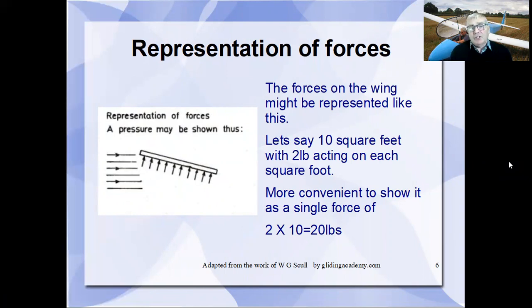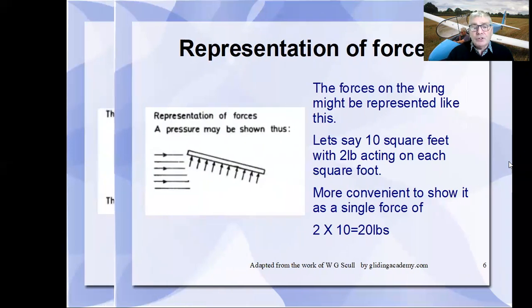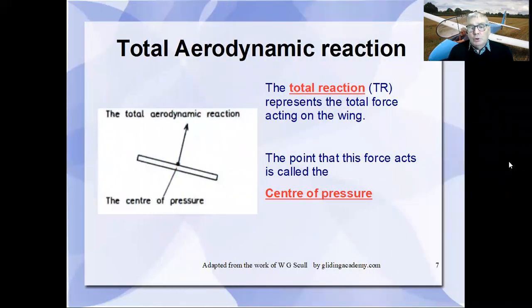And let's suppose that's 10 square feet of wing area, and each square foot is being driven upwards by a force of 2 pounds, so 2 pounds per square foot, then it might be more convenient to draw this all as one force, and we would call that the total aerodynamic reaction or total reaction, and we could represent that just by one single arrow. Now, the point that this force acts on the wing is called the center of pressure. This is an important thing just to remember.